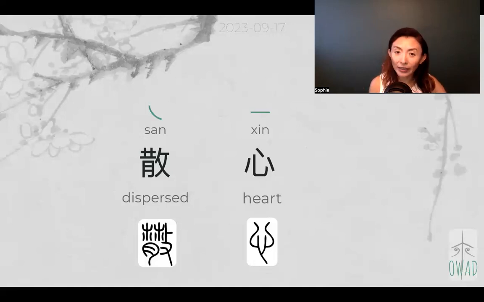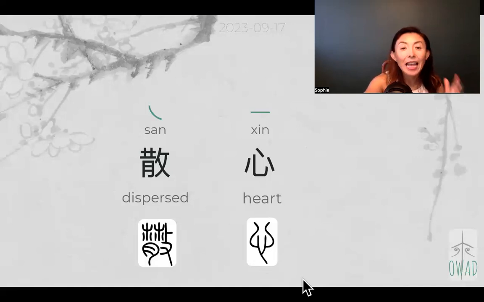And in Chinese as well, 心. Because it's pumping, it's not only pushing the blood throughout the body, but I guess it's dispersing chemicals as well. However we're feeling inside, the chemicals through the heart are going to spread all over the whole circulation of the body, right? So, disperse the heart.